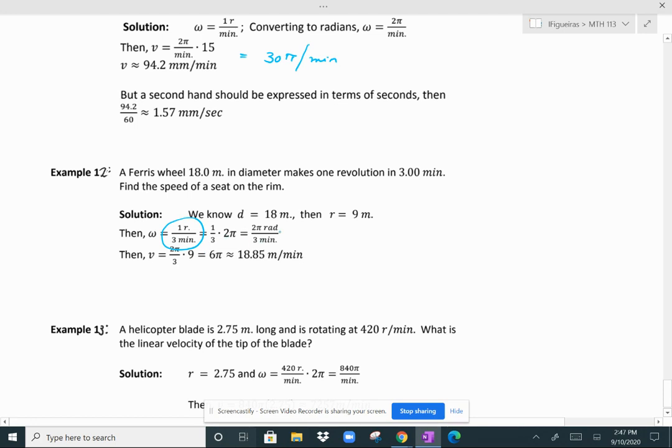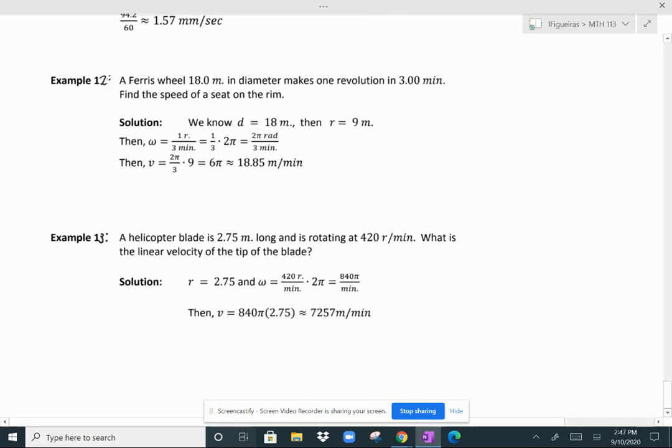Multiply that by 2 pi, you get 2 pi radians per every 3 minutes. So your velocity is omega r, and if my diameter is 18 meters, then my radius is half of that, so it's 9 meters. So you have omega r, which is 6 pi, which is about 18.85 meters per minute. That's how fast someone sitting on a seat of the Ferris wheel is traveling.